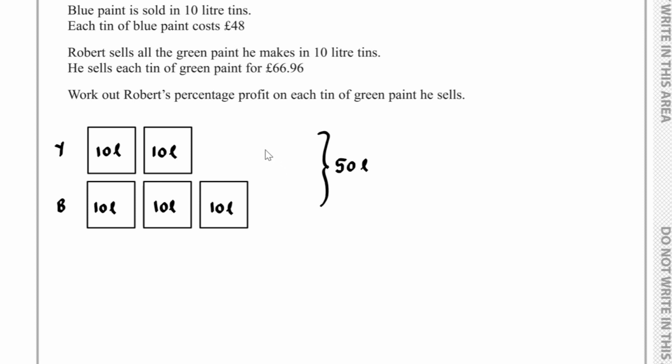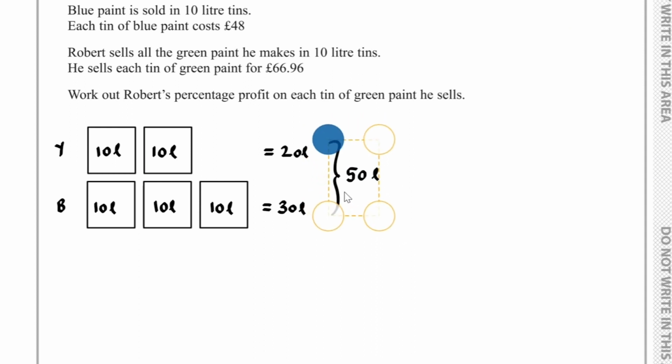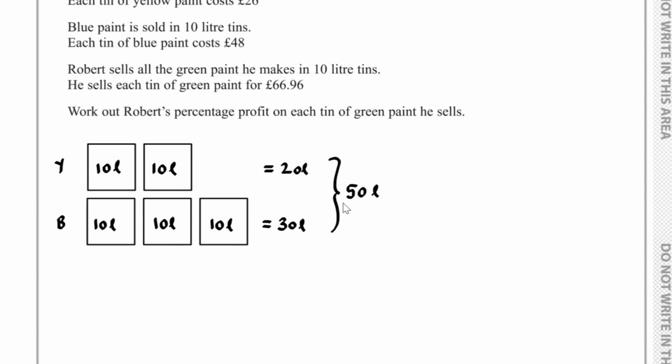And so for yellow we have 20 litres. For blue we have 30 litres. And so therefore that gives us the 50 litres in total. So we've got 20 litres of yellow and 30 litres of blue.